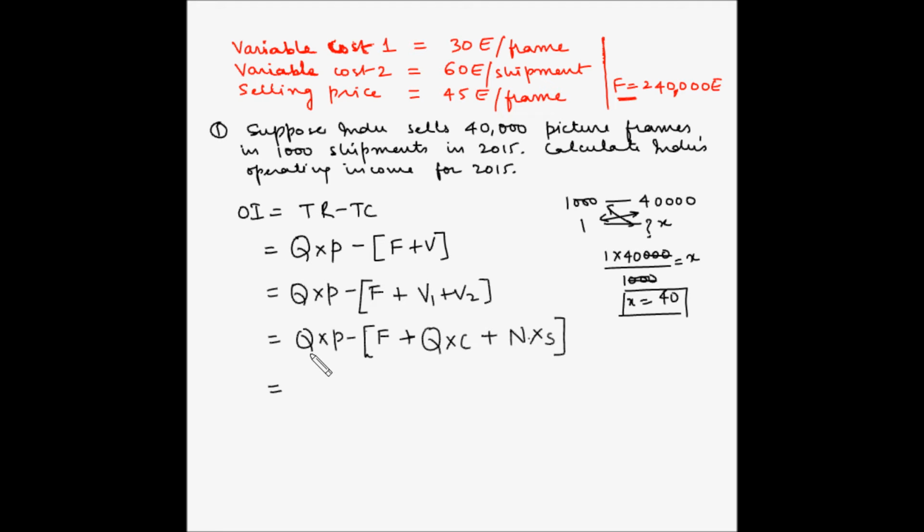So now let's substitute the values. So we know that total of 40,000 picture frames are being sold. So Q is 40,000.